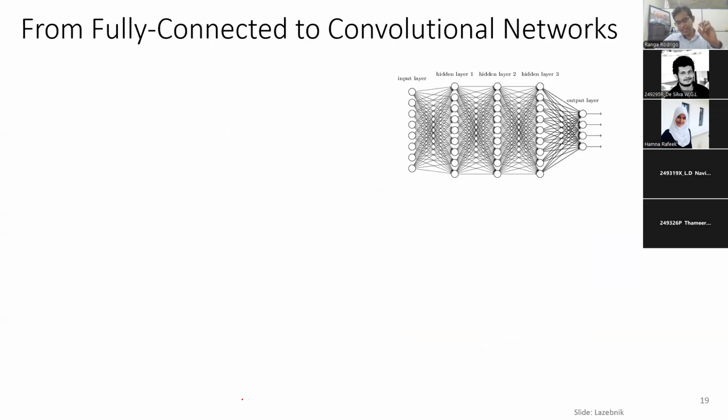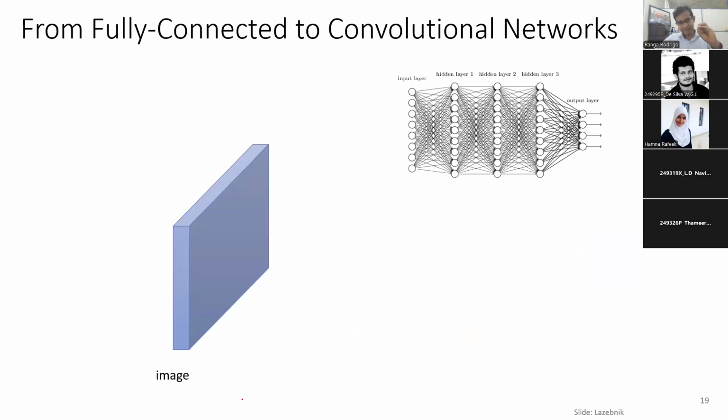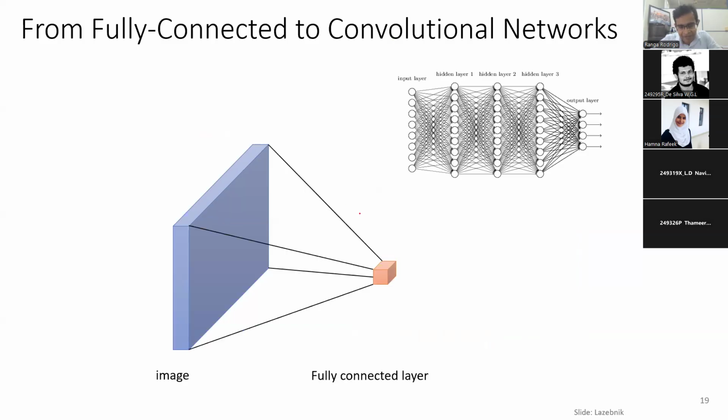Now let's look at the fully connected version first. If this is an image, there are so many pixels this way, so many pixels that way. To compute one number in this layer, let's consider, for example, this number. To compute that, you can see the arrows are coming from all the pixels in the first layer.